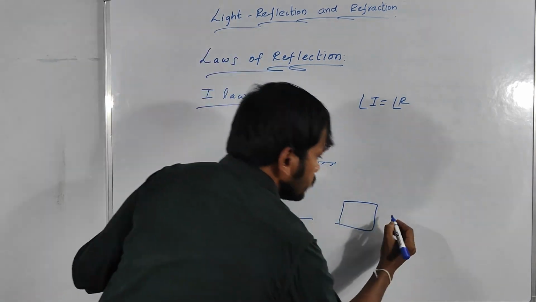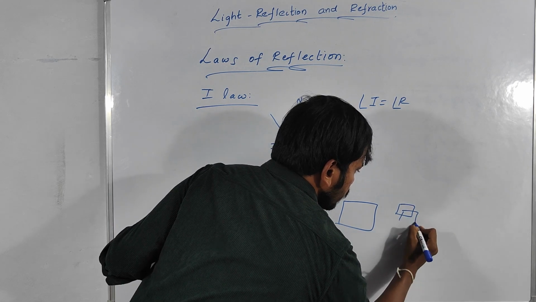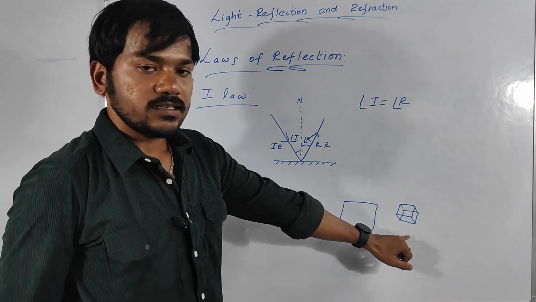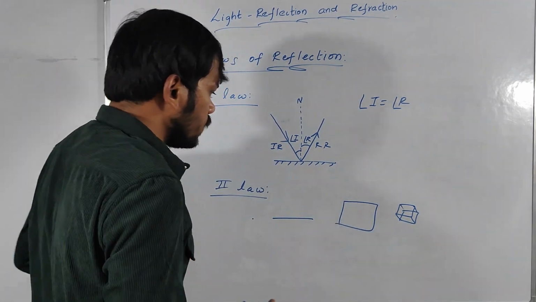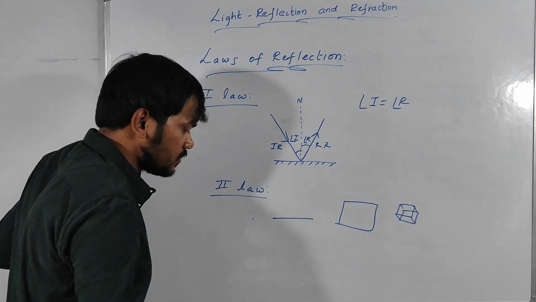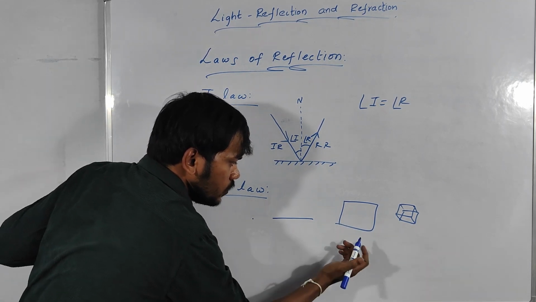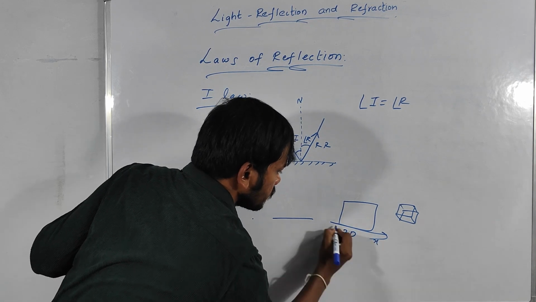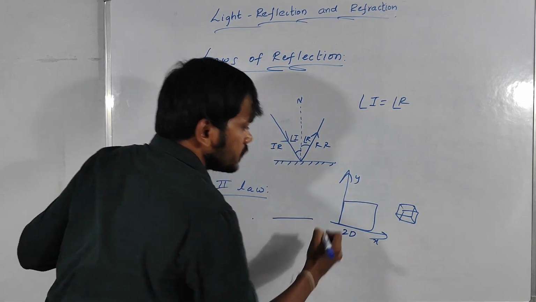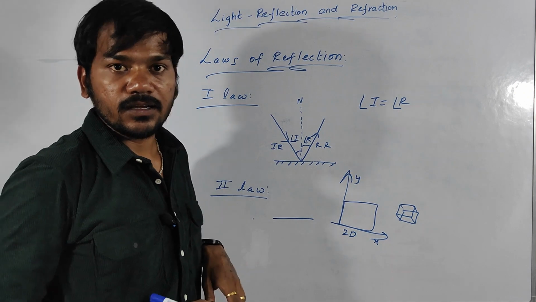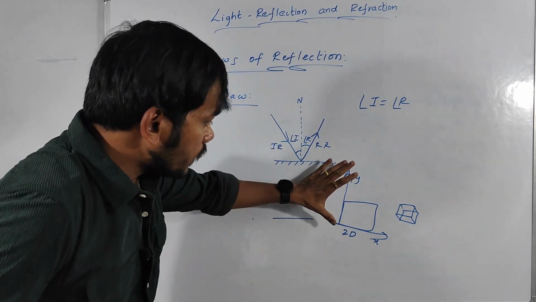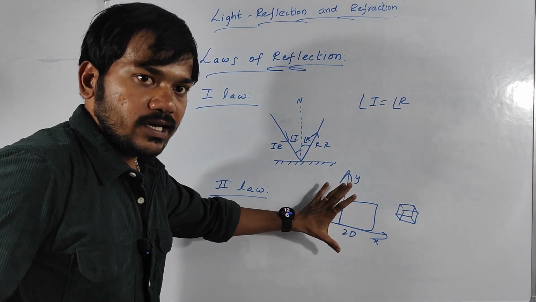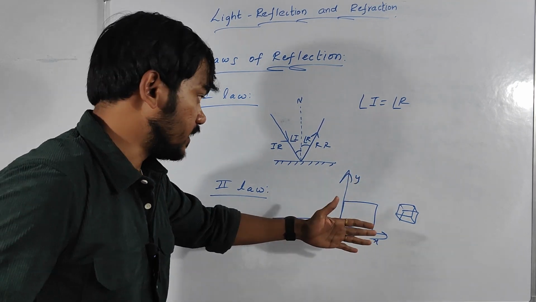A cube or a cuboid, which is 3D in nature, is said to be a solid. So let us consider this is a plane, that means it is measurable in two dimensions. One dimension, let us consider it as x, another dimension as y. Clear? So this 2D plane actually exists.